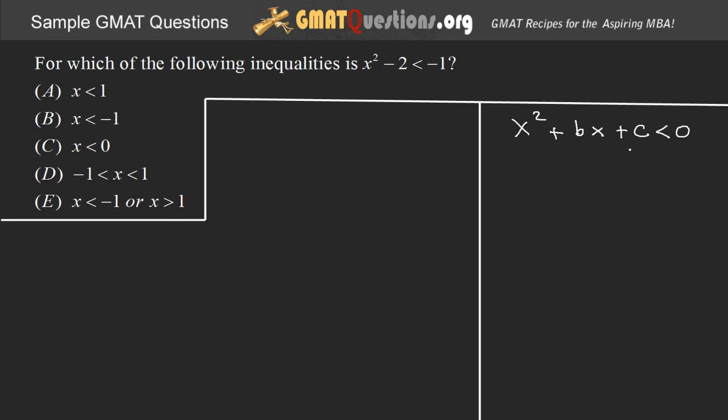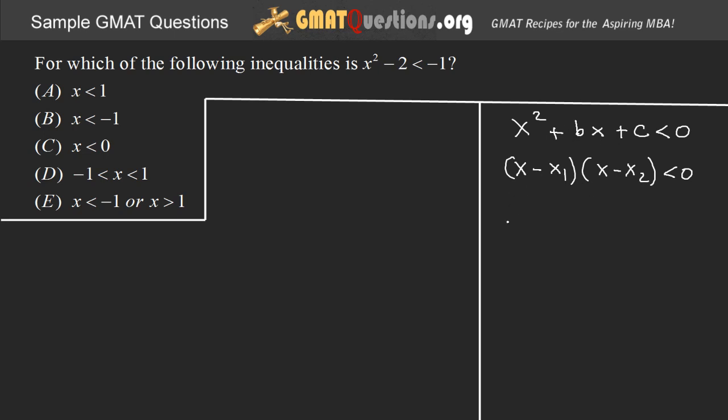We can factor this inequality by saying that x minus x1 times x minus x2 is less than 0, and x1 and x2 are the roots of this equation. If we were to write x squared plus bx plus c equals 0, x1 and x2 would be the solution to that equation. So we can factor this out by using the roots.